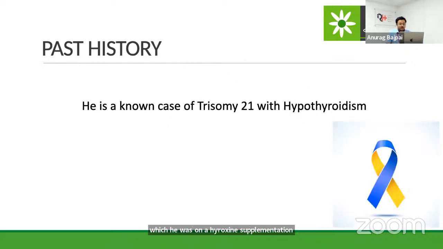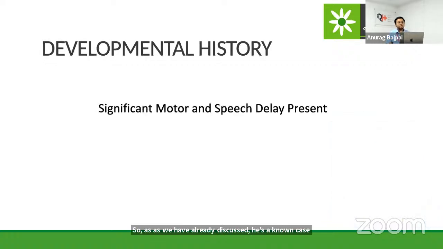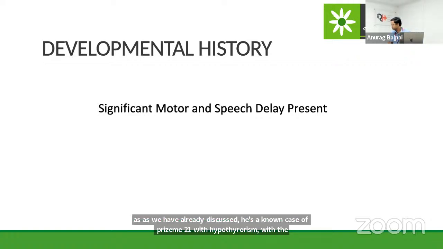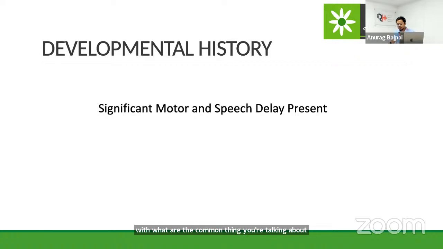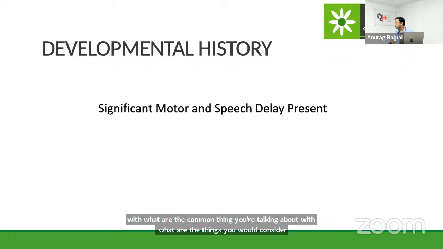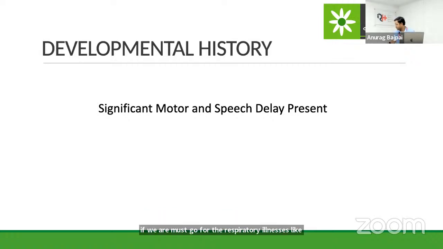As we have already discussed, he is a known case of trisomy 21 with hypothyroidism. What are the common things you will think of in somebody you have been called for with sudden respiratory weakness and paralysis? What are the things you will consider? Sir, we must consider respiratory illnesses like respiratory infections, foreign body ingestion that may lead to respiratory paralysis, or cardiovascular complications like heart failure.